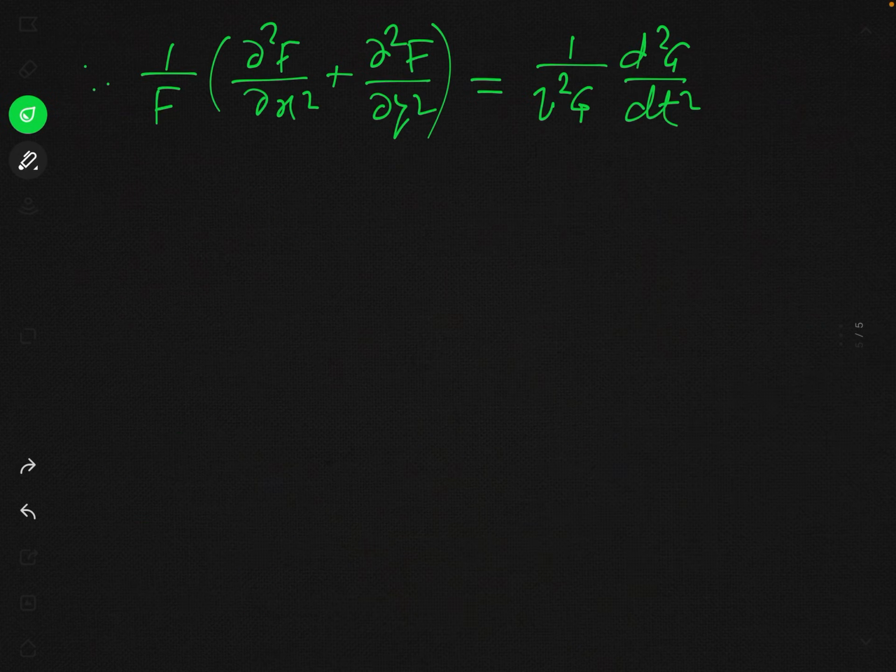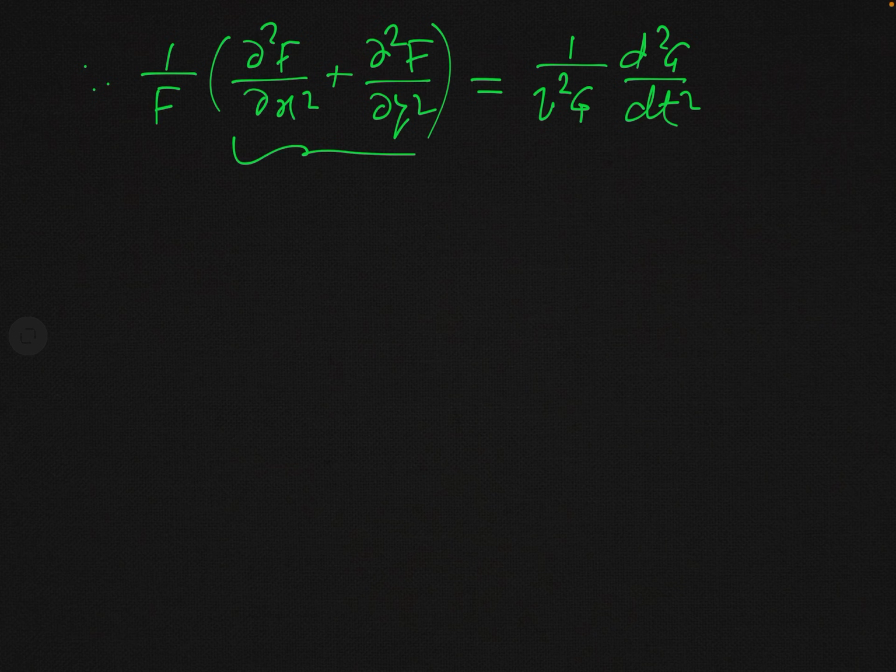One thing you may note here, that in LHS I have written the partial derivative, that is we have used the symbol del x for differentiation. But in RHS I have used the ordinary differentiation operator, that is d dt. Why? Because f is a function of two variables, x and y. So when you differentiate with respect to x, you take y constant, and when you differentiate f with respect to y, you take x constant.